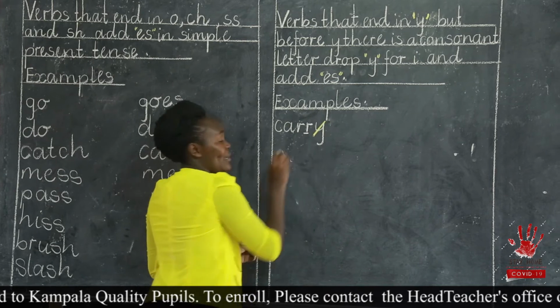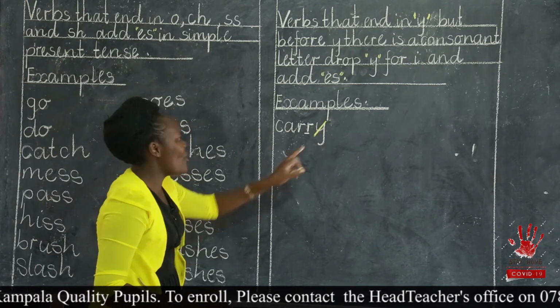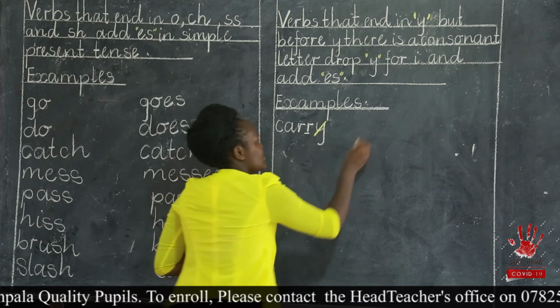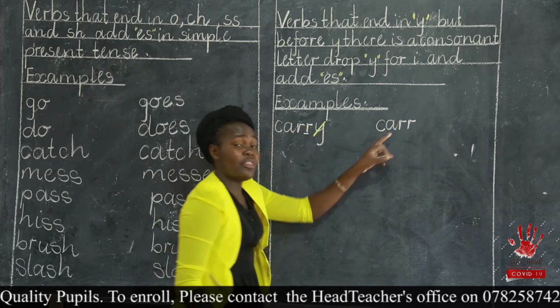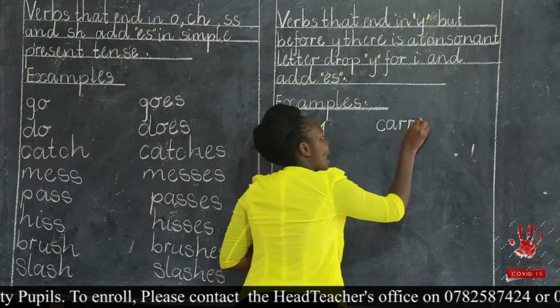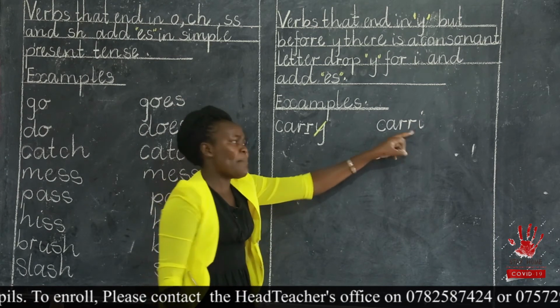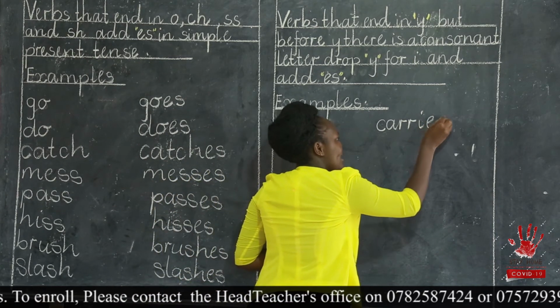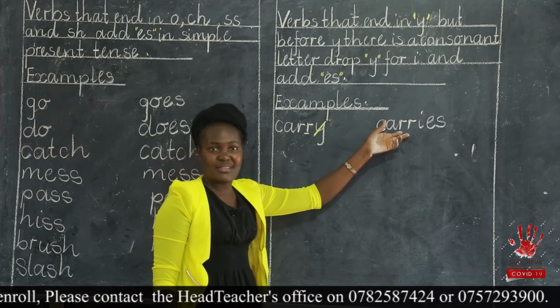We shall drop letter Y. And in the place of letter Y, what happens? Remember, we are left with these letters. Without Y, in the place of Y, we shall have I. After writing I, what happens? We add ES, and we shall have carries.